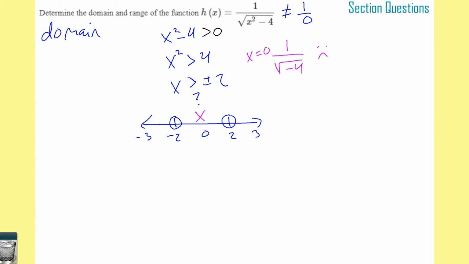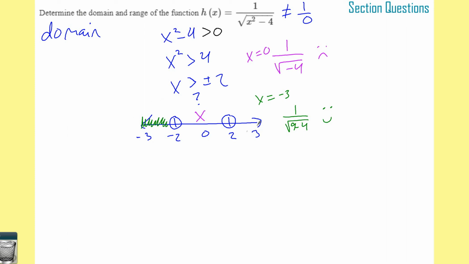However, when I do x equals negative 3, so that's left-hand side, I get 1 over the square root of 9 minus 4. Well, that's a number that works. I mean, it's not a pretty number, but it's something I can graph. So this is something I can shade.